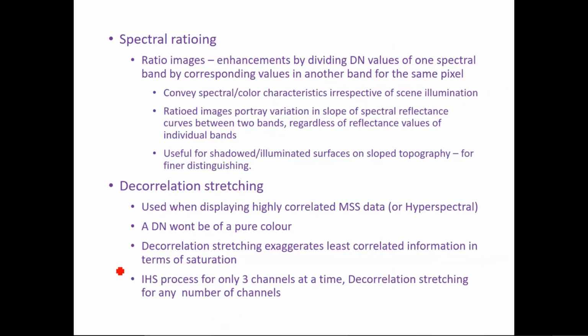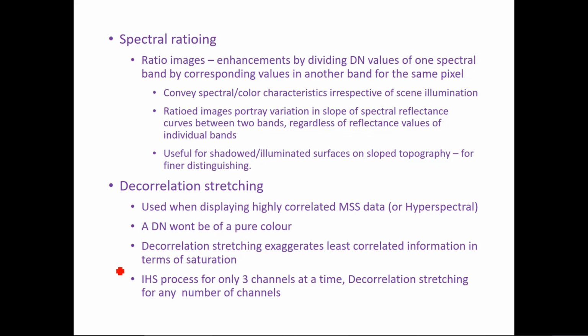So the last method in multi-image manipulation is decorrelation stretching. This is used when you display highly correlated MSS data or even hyperspectral data. You have data collected in several bandwidths, from multispectral sensors or hyperspectral sensors.